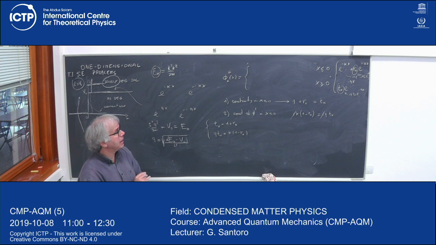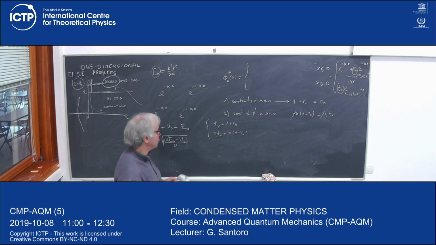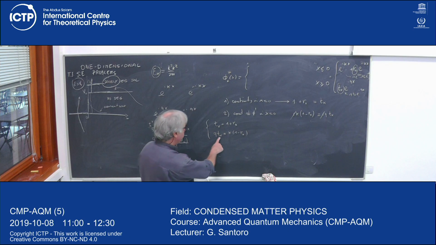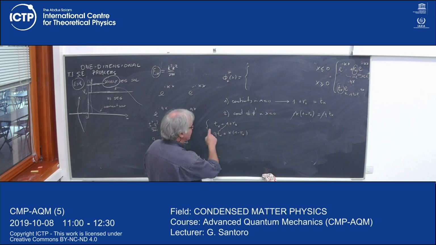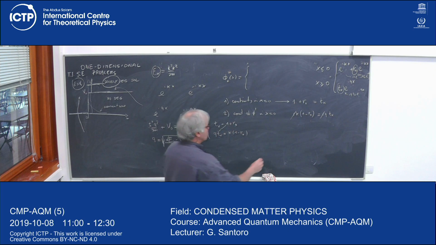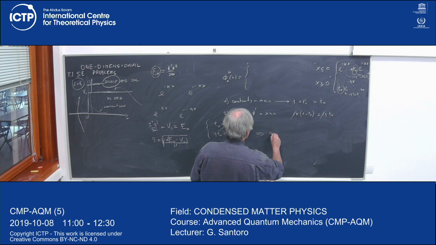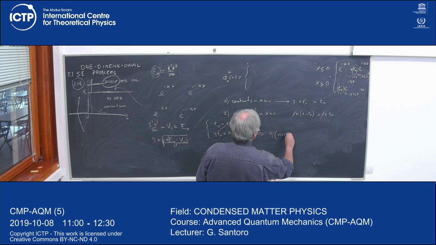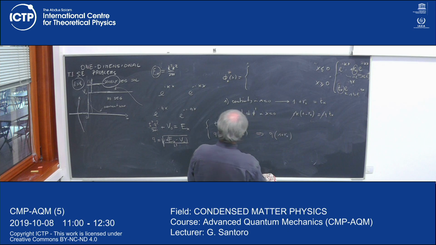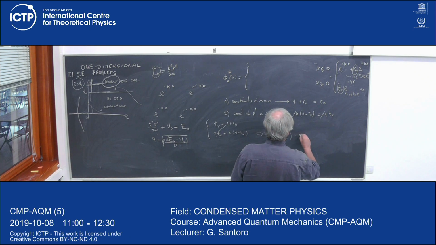But this is the expression of these two conditions. Now, this is a linear system for these two unknowns, rk and tk. Very simple. Substitute, for instance. So this would be q times 1 plus rk equal to k times 1 minus rk.